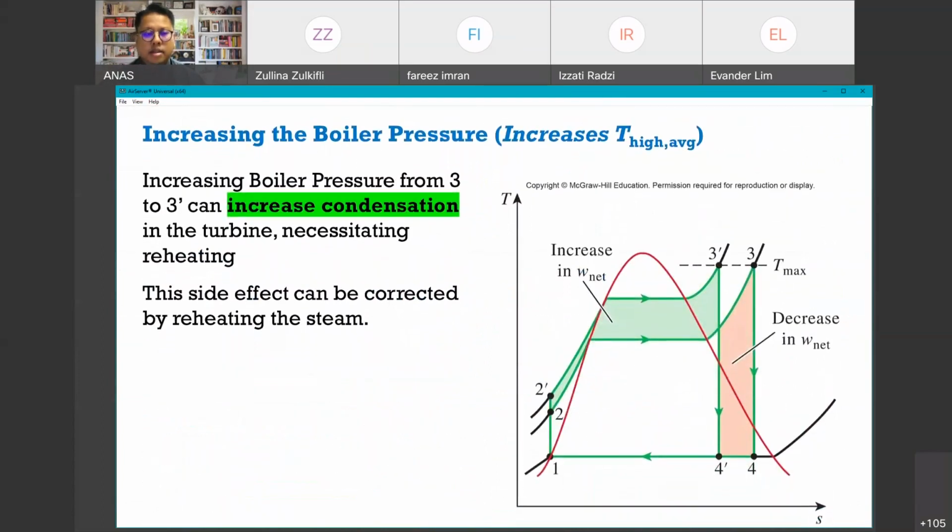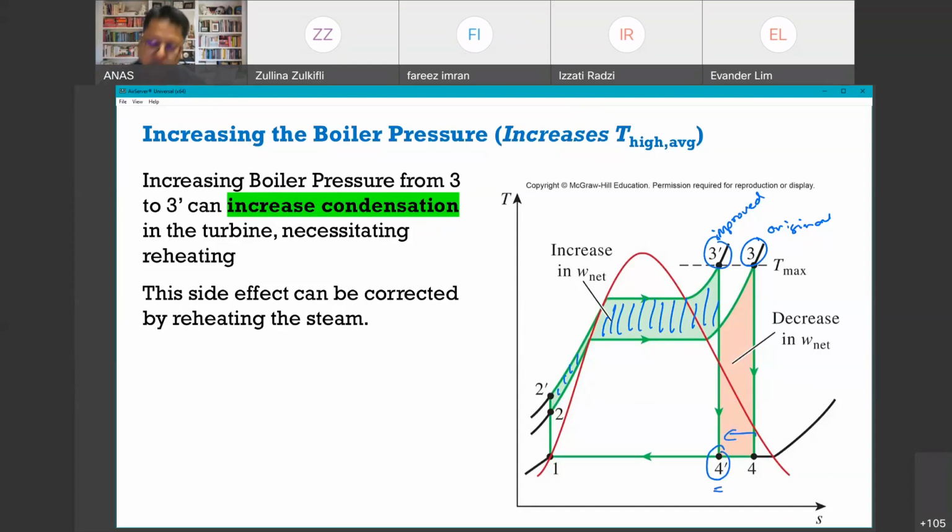And the third thing that we can do is to increase the boiler pressure. If you look over here, this is the original, and this is improved. Again, the target is to increase the area under the curve so that we get an increase of W net. This looks good on one point, but on the other hand, at 4 prime, the new location, you increase the moisture content.